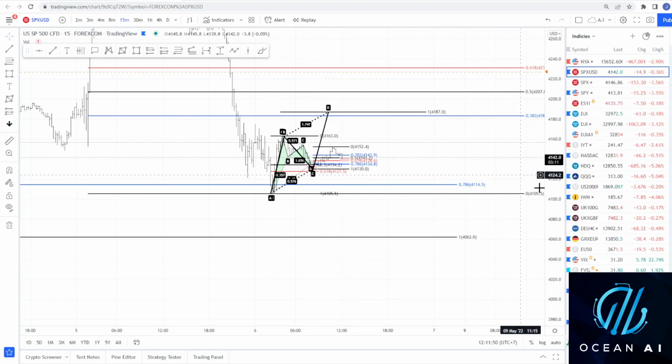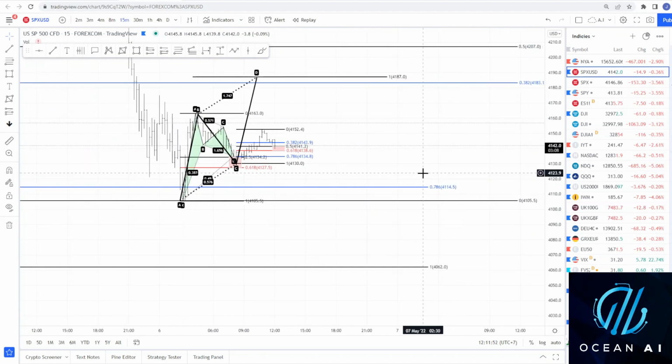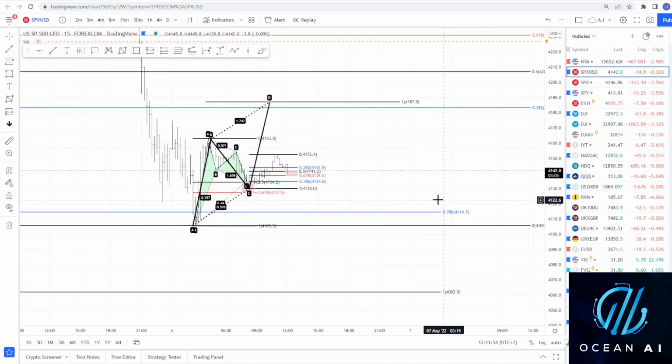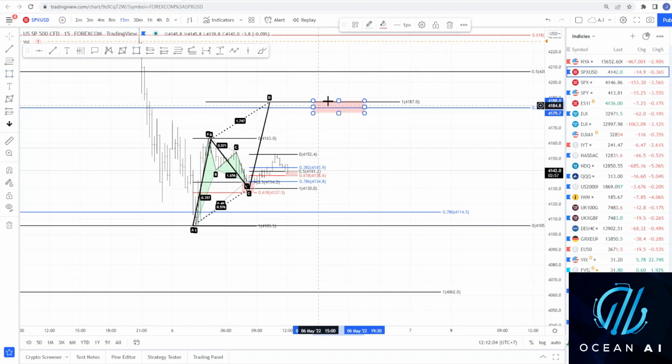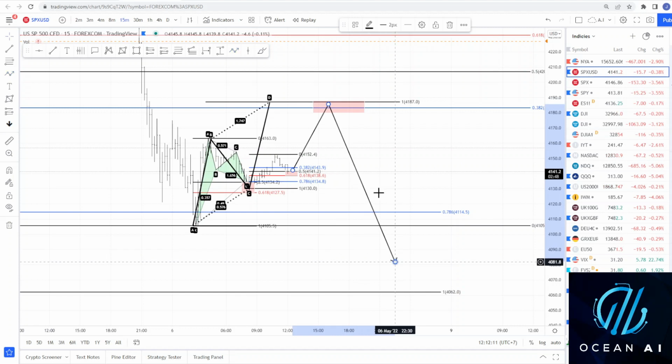So either way, wherever we get a signal, we'll look to sell it. Ideally, this is where we want to be up here, get back up to this 41.80, 41.87 area. And if we get up to here and then sell off, that's the one we want to be in over the weekend.